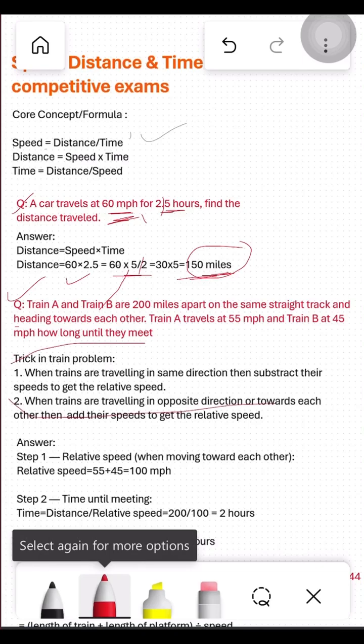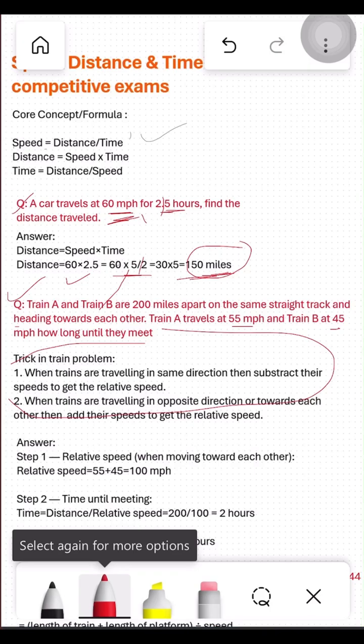Whenever the trains are traveling in the same direction, you have to subtract the individual speeds of the trains. Like in this case, the speed of A is 55 and the speed of B is 45. If they were traveling in the same direction, you would have subtracted, but in our case they are traveling in opposite directions, so we will add. That's the trick that we are going to follow.